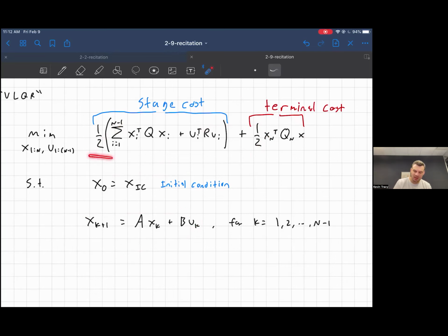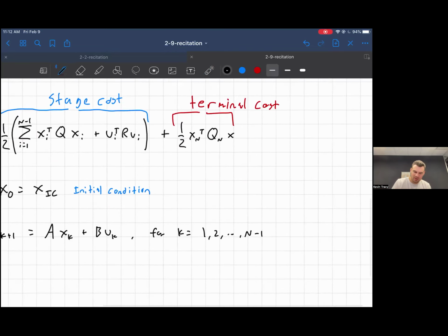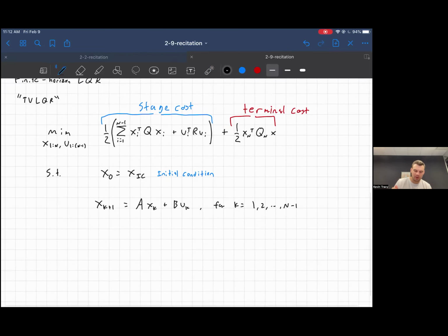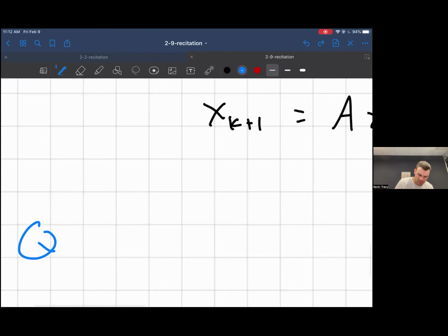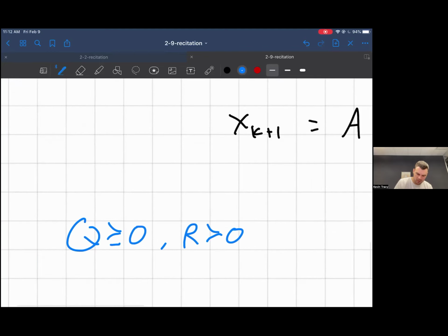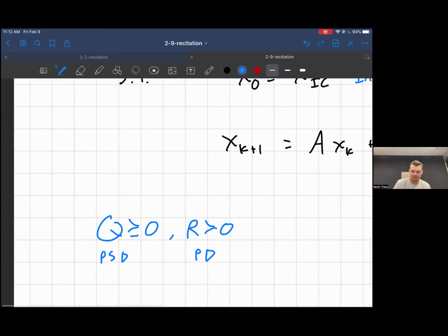And as you can see, this is a convex quadratic cost. Let me make a note: for LQR, not in general, but for LQR, I need Q to be symmetric, positive semi-definite, and R to be positive definite.